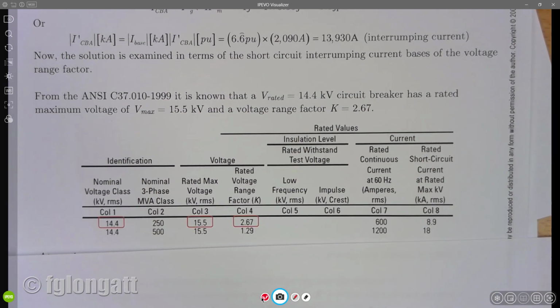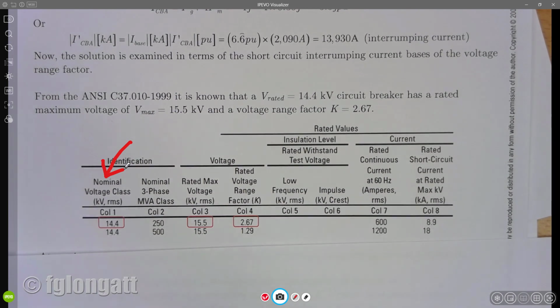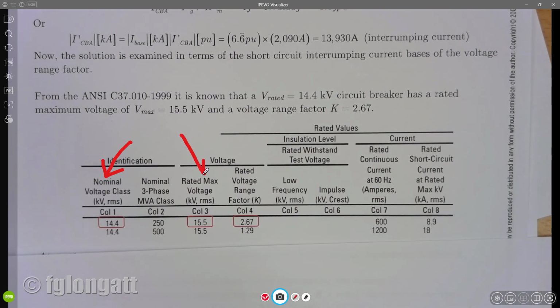Where is the pointer here? A very ugly arrow here. But if you look at the first column over there, you will realize that that is the nominal voltage. The minimum nominal voltage in that table is 14.4, okay? Then you will realize that the maximum voltage, and that is the maximum operating voltage of that circuit breaker, is 15.5 kilovolts, okay?